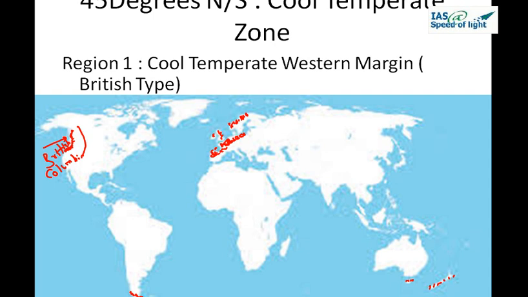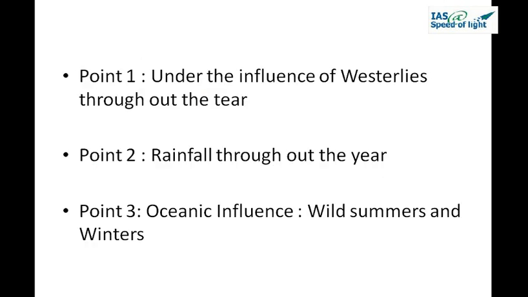Now, the first thing which we will observe is that these belts are in the direct path of the westerlies. So the westerlies are going to bring a lot of rainfall throughout the year to these regions. Under the influence of westerlies throughout the year, what it implies is rainfall throughout the year.